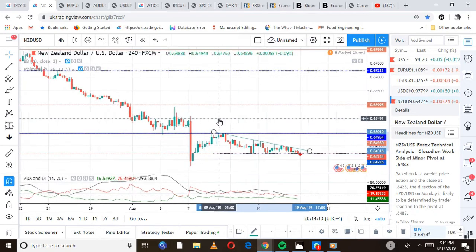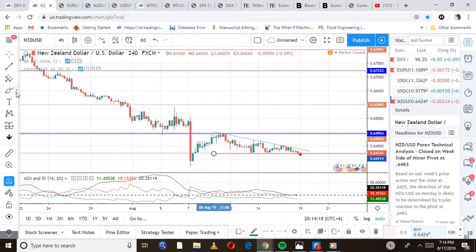I'm looking for a further sell-off all the way down to 0.6421. If that doesn't happen, I expect the price to go up and have a bit of a retest and a pullback, and further continuation on the New Zealand USD.